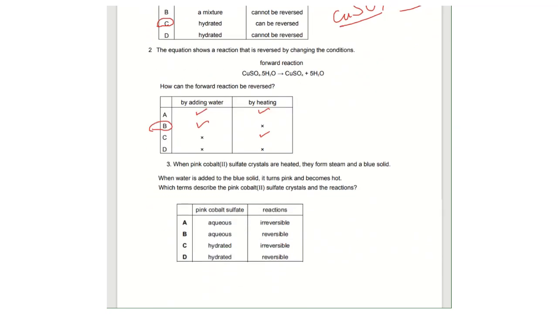Question number 3. When pink cobalt sulfate crystals are heated, they form steam and a blue solid. When water is added to the blue solid, it turns pink and becomes hot. Which terms describe the pink cobalt sulfate crystals and the reaction?